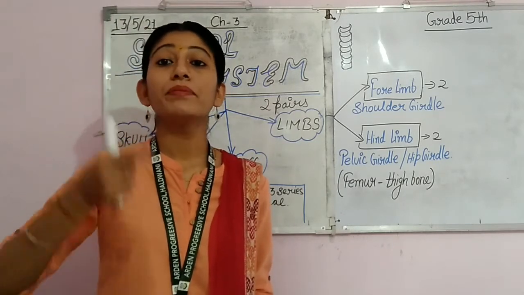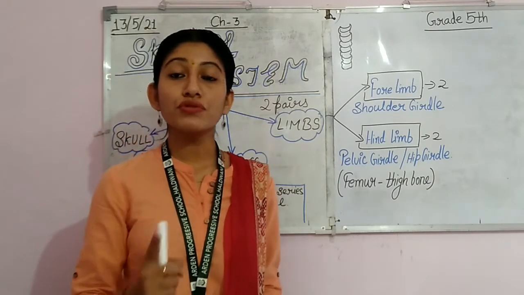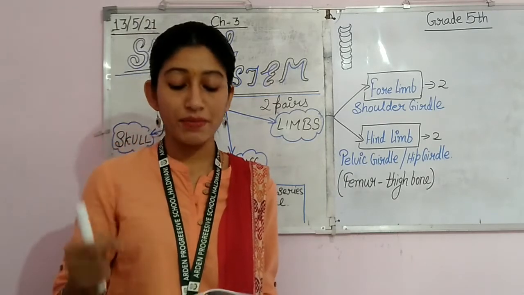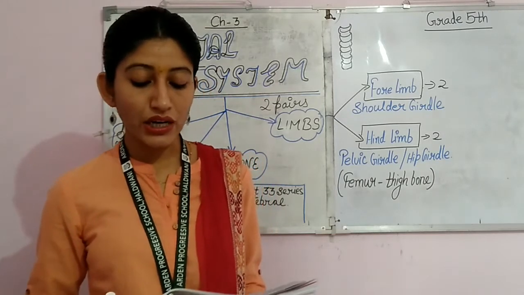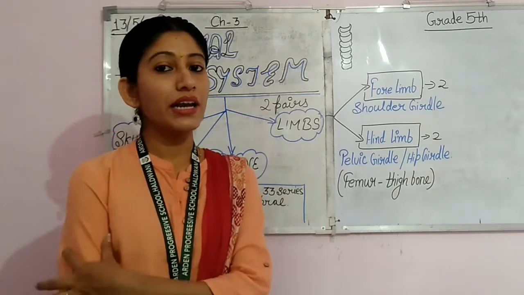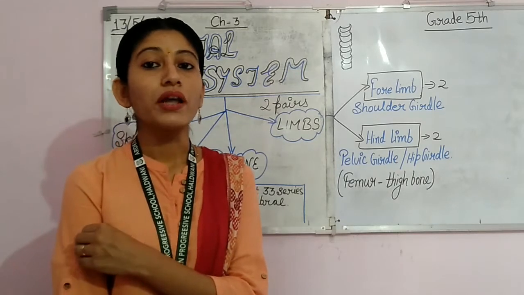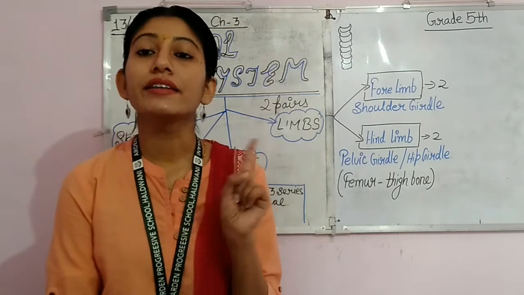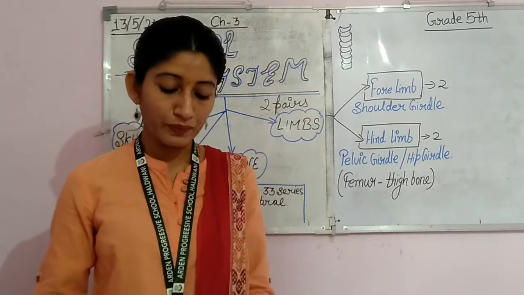It is filled inside the cavities in the long bones of arms and legs. As the arm and leg bones are long, the cavity inside the bones is filled by the material called bone marrow.